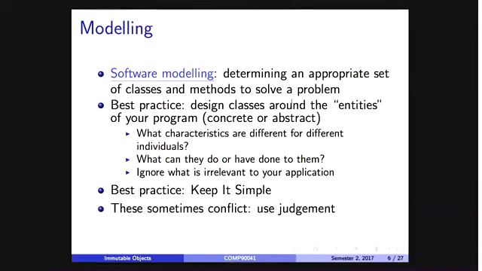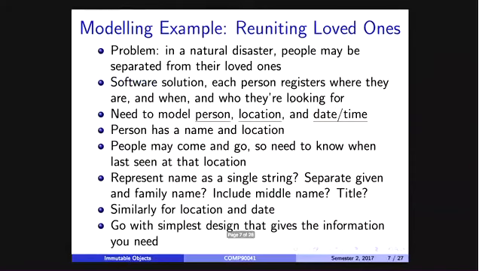If you can simplify it, do. Keep it as simple as possible. And then sometimes, of course, as Einstein once said, everything should be made as simple as possible, but not simpler. So you have to know where you have to give up simplicity in order to achieve your aims. So let's take a concrete example.